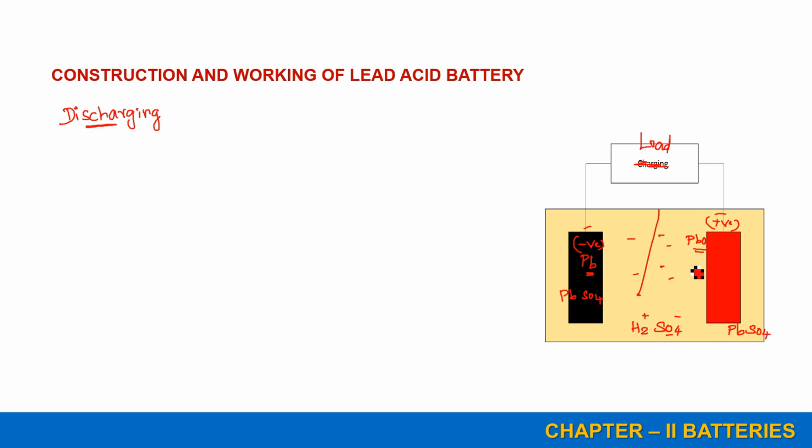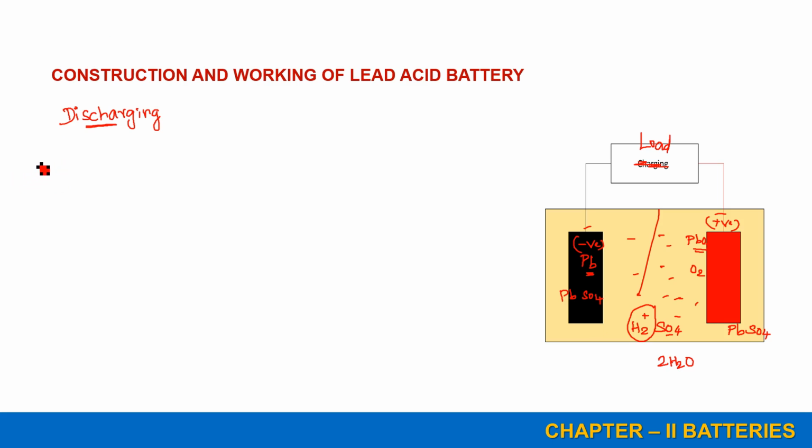The oxygen is removed from the lead peroxide, and your electrolyte has the hydrogen ions. So your electrolyte becomes a weak solution. During the discharge condition, the chemical reaction will be as follows.